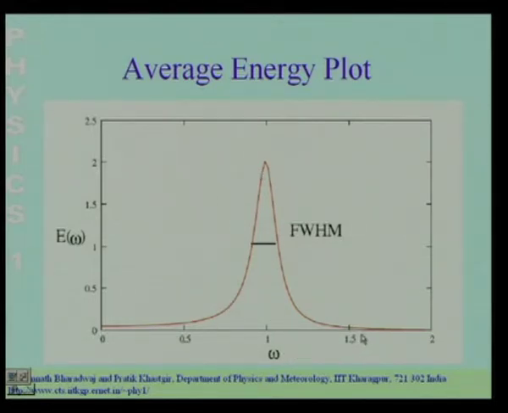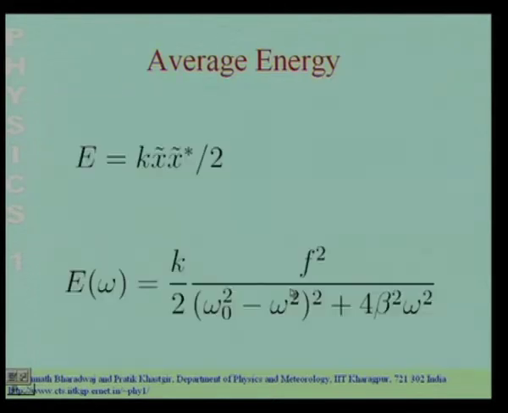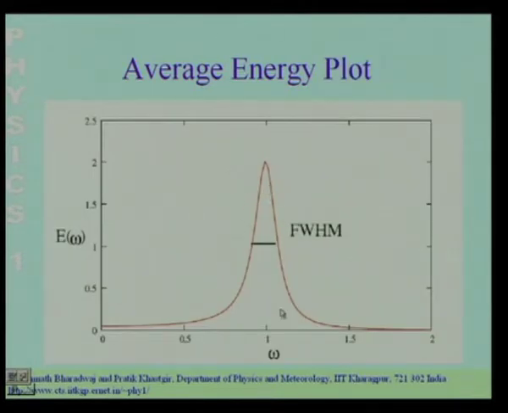If I were to drive the oscillator with an external force of constant amplitude, and if I were to slowly vary the frequency of the external force, and for every value of the frequency I were to measure the energy in the oscillator, I would get a curve which would be governed by this expression, and it would look like this.